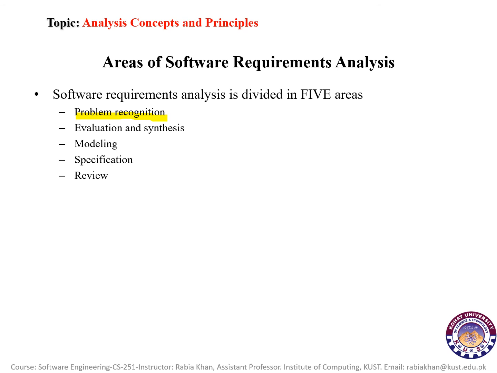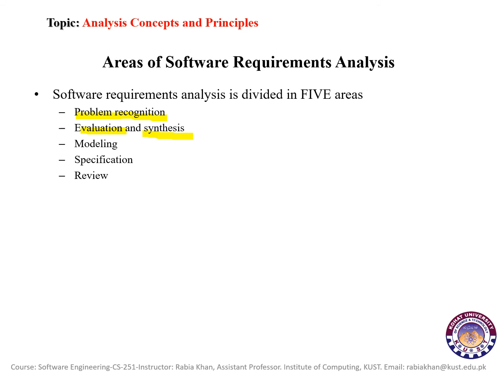The next step is then evaluation. Problem evaluation and solution synthesis is the second phase. So this is the next major area of effort for requirements analysis, or the second sub-step of requirement analysis.